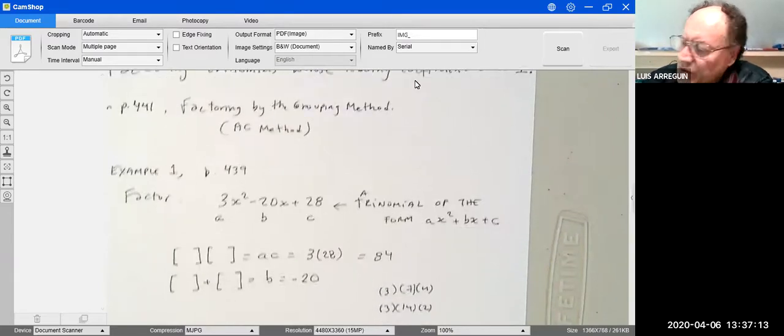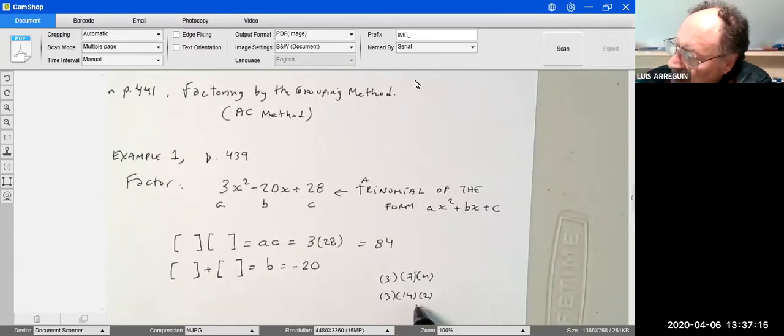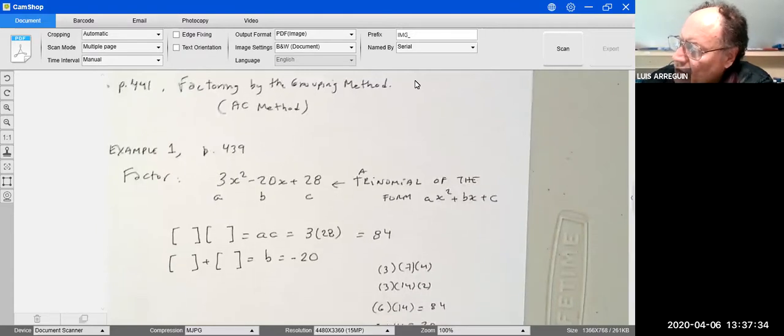That is going to be also 28. So 3 times 2 is 6, times 14. The product is going to be 84. And if you add them up, you're going to get 20, because 6 plus 14 is going to be 20.